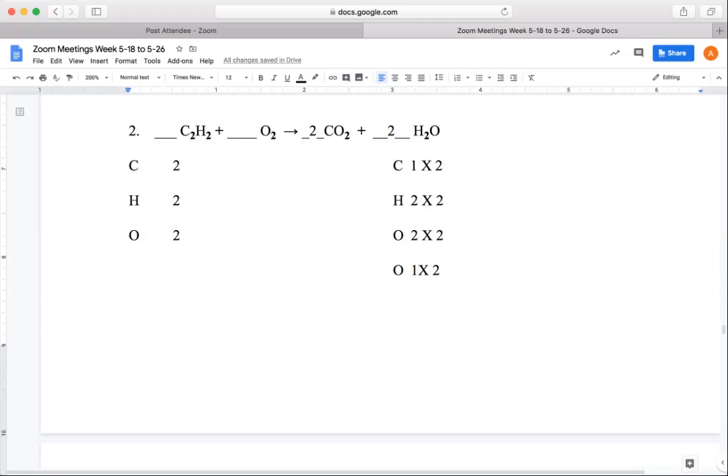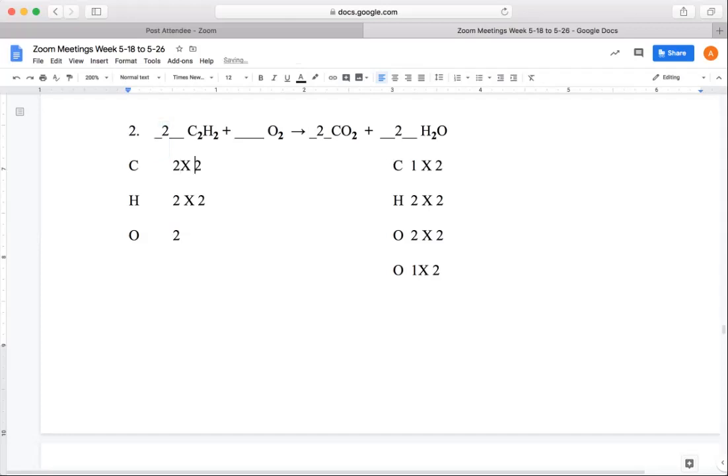So to make the number of hydrogens equal, you have to multiply this by 2. If you do that, you're going to have to put a 2 here, and you're going to have to put a 2 in front of the carbon because the carbon is in front of this 2, which was used to multiply the hydrogen.